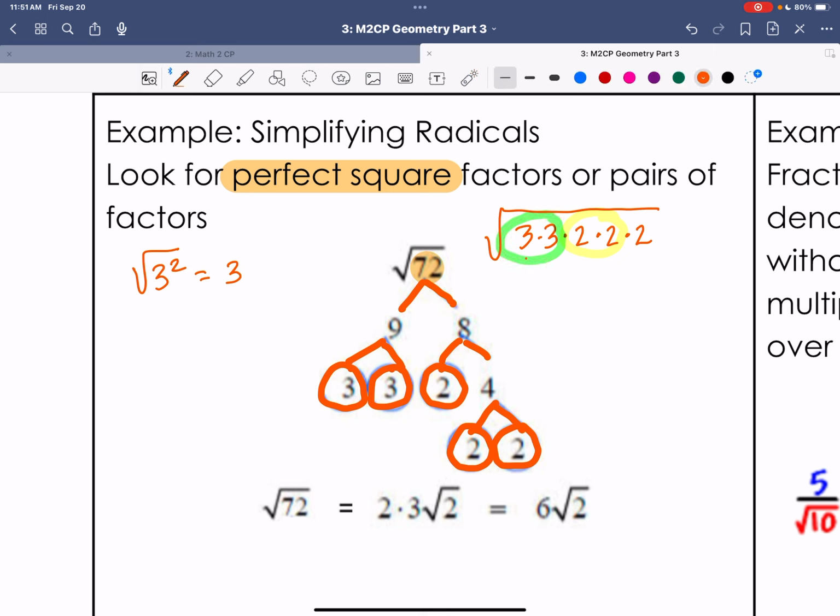When we take it outside the radical, you've just got 3, but you're only writing one 3. And then we've got another pair with 2 times 2, so we're going to go 3 times 2. And we have this one left over. Since that's left over, that's staying inside the radical.